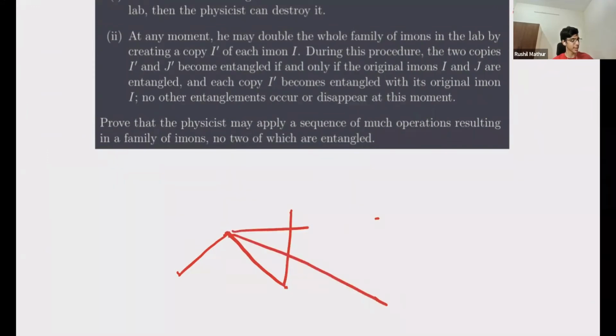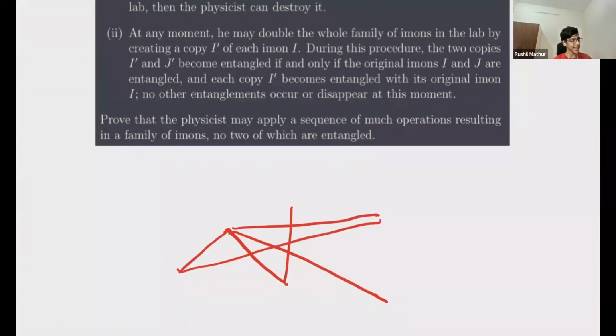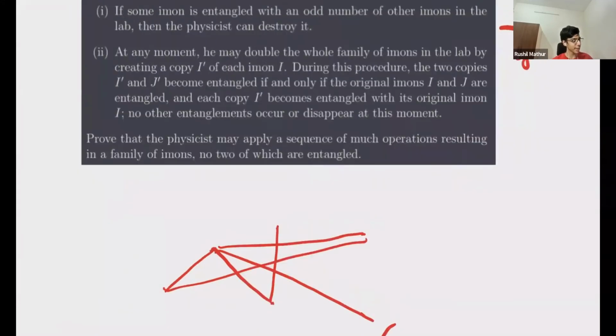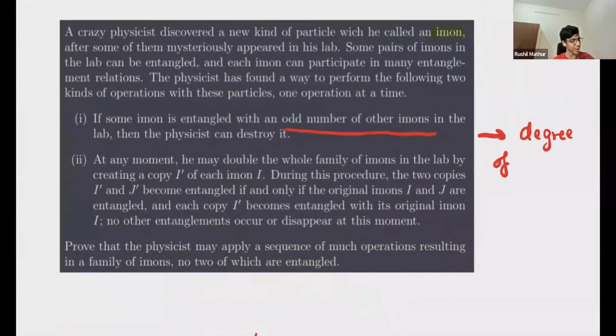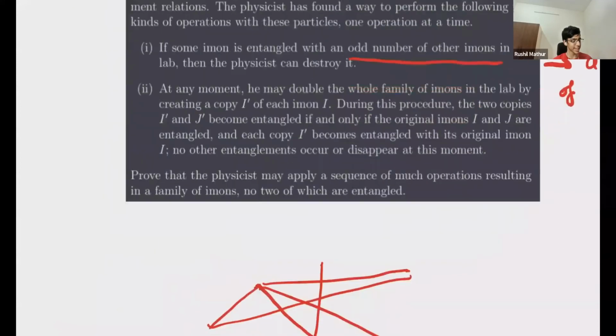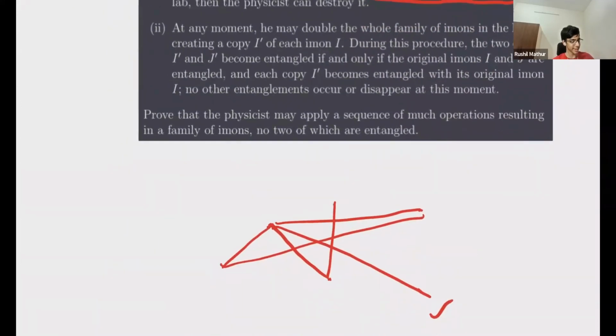If they're not entangled, we don't join them by an edge. So something like this, we have our graph. And essentially anything which has odd degree, for example, this guy has degree 1. So you know that as soon as this is entangled with an odd number of other imines, which is odd degree, we can just delete it. So we can get rid of this guy once and for all.